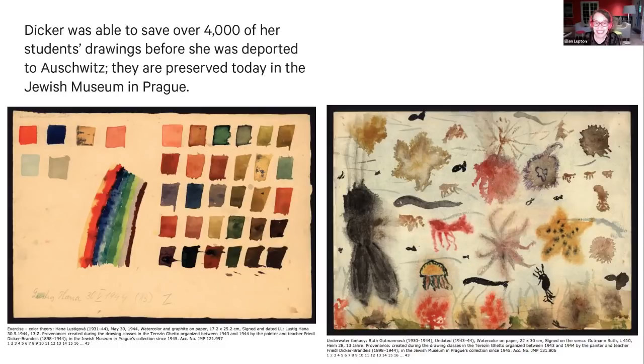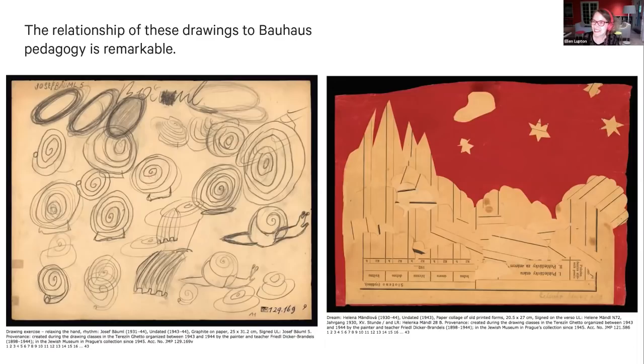And we can see in them the influence of Kandinsky and Klee, who were teachers of Friedl Dicker. And she passed these techniques on to these children, most of whom were also murdered, but some of whom survived and took these teachings in a whole new direction, which is really wild to think about as a heritage of the Bauhaus.